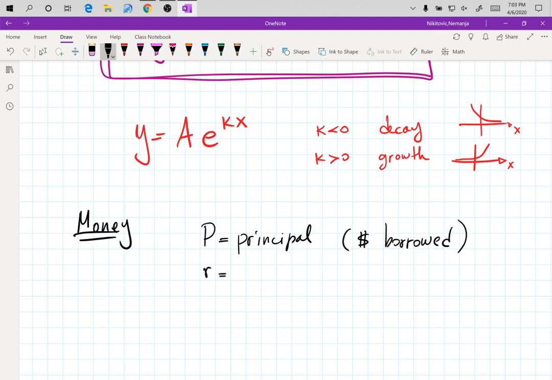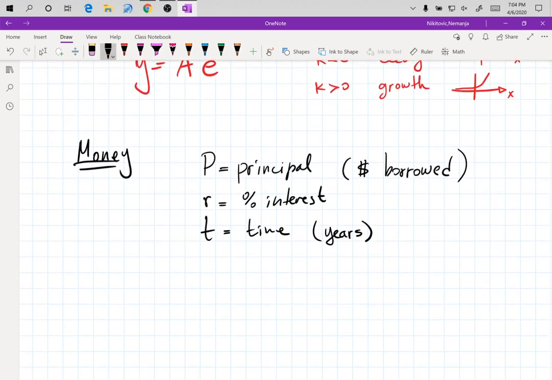R is going to be percent interest. We'll have better words later on. T is time, usually years, right? So we can calculate something called compound interest.